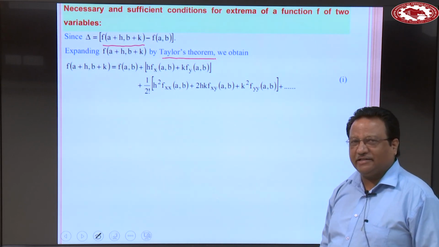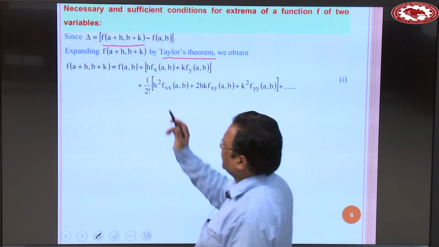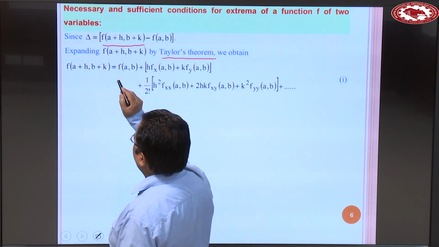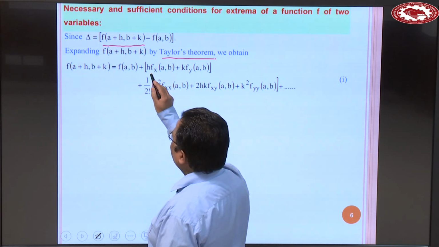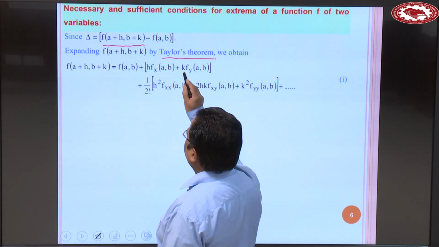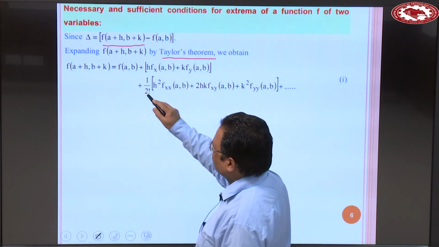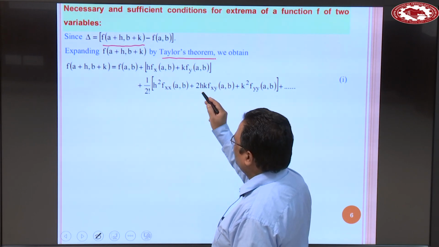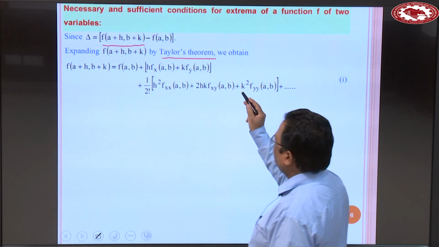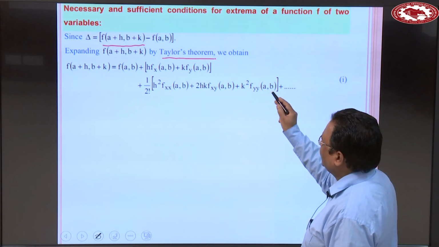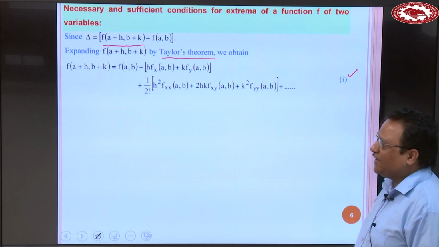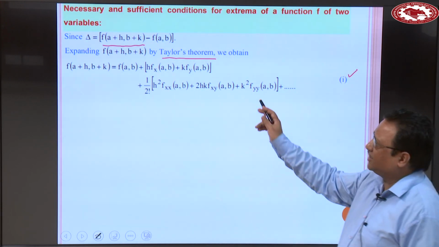When you expand this by Taylor's theorem, we obtain f(a+h, b+k) equal to f(a, b) plus h f_x(a, b) plus k f_y(a, b) plus 1 by 2 factorial [h² f_xx(a, b) plus 2hk f_xy(a, b) plus k² f_yy(a, b)] plus and so on. Write this expression as number 1.